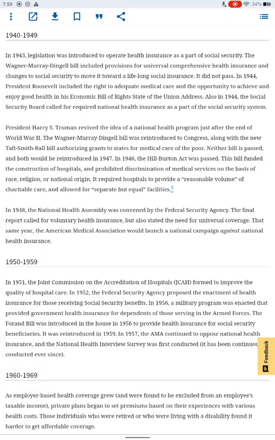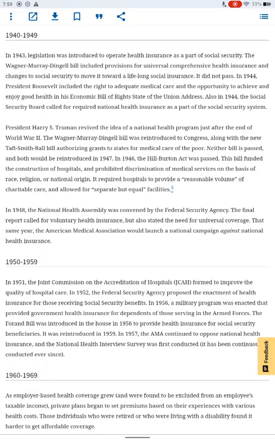1940 to 1949. In 1943, legislation was introduced to operate health insurance as part of Social Security. The Wagner-Murray-Dingell bill, we'll go over that later, included provisions for universal comprehensive health insurance and changes to Social Security to move it forward as a lifelong social insurance. It did not pass.